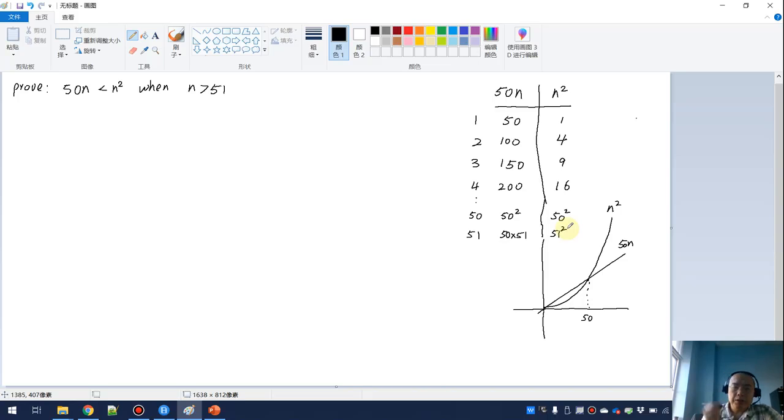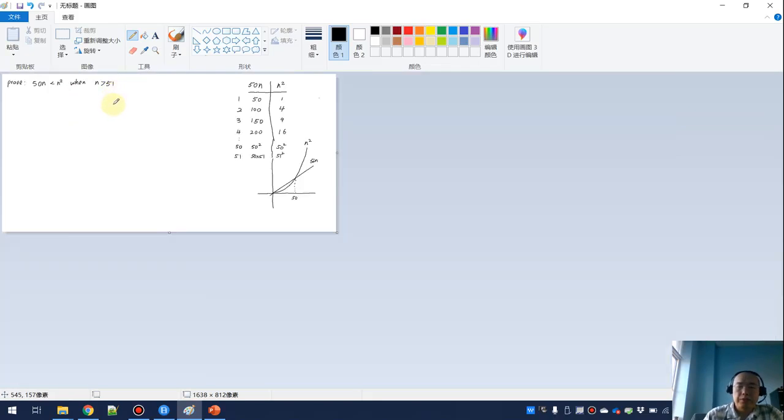So at least when the n value is 51, n squared is bigger.